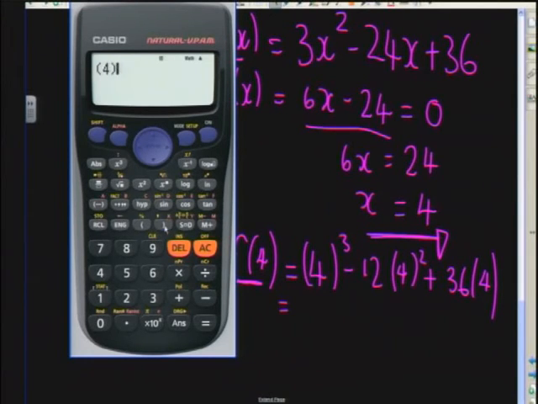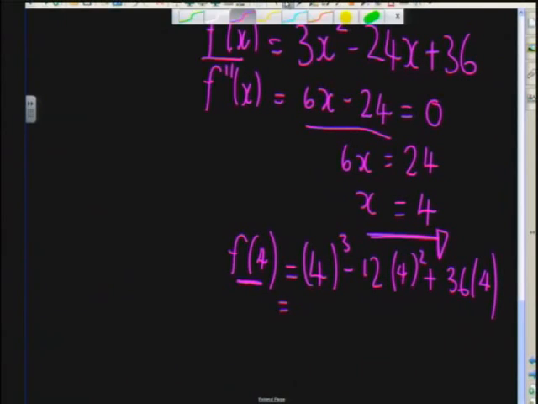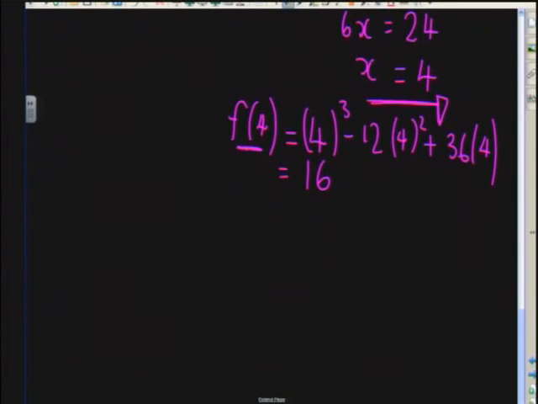It's going to be 4 cubed minus 12 times 4 squared plus 36 times 4, and we get 16. So therefore, our point of inflection will be at the point (4, 16). All right, remember your point of inflection means your concavity is changing.